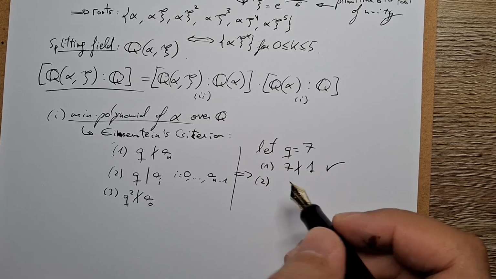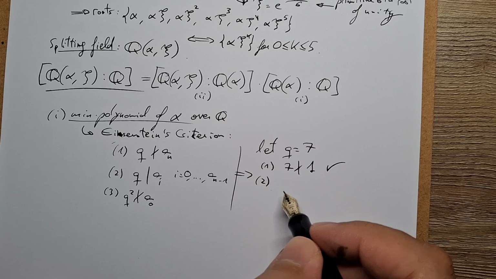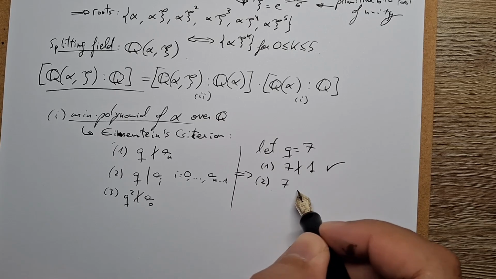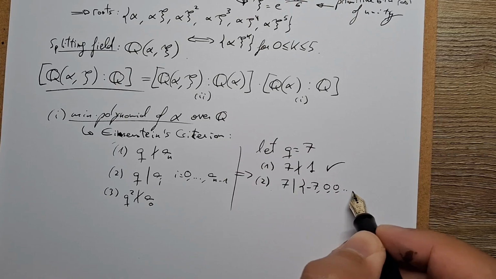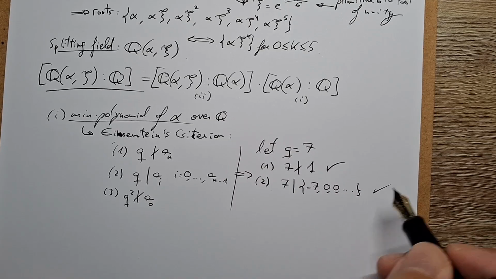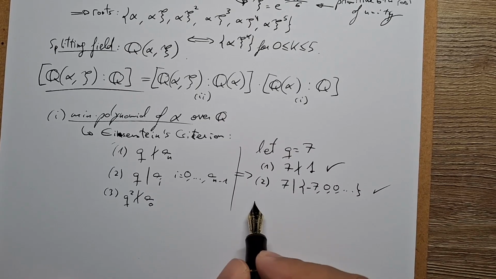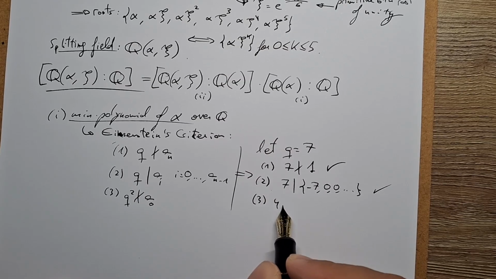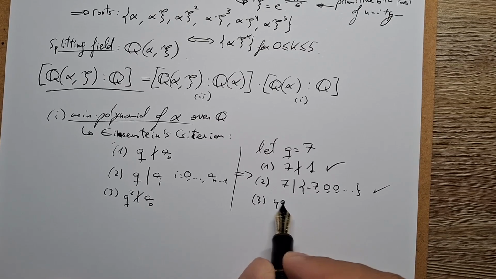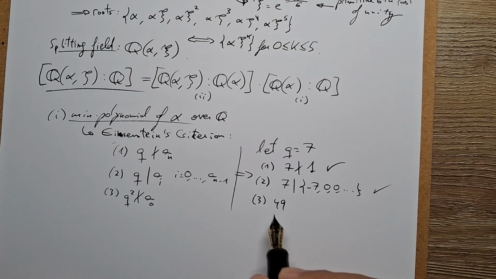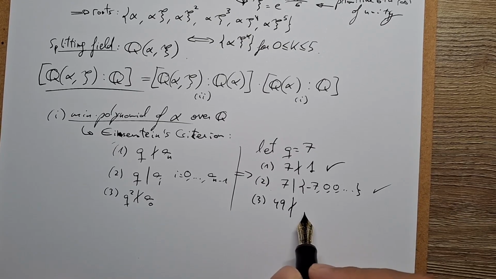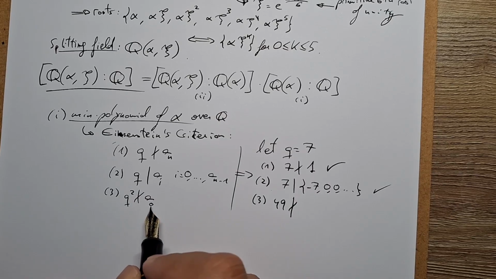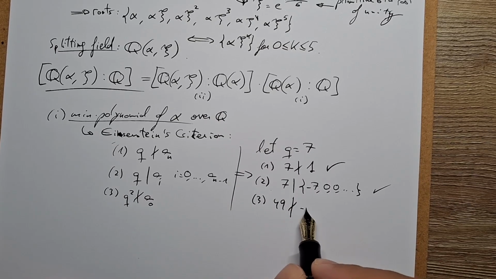Then, second question, does 7 divide minus 7, 0, 0, and the rest of zeros? Yes, it divides them. And then the third one, does the square of 7, which is 49, not divide a sub 0, which in our case is minus 7?